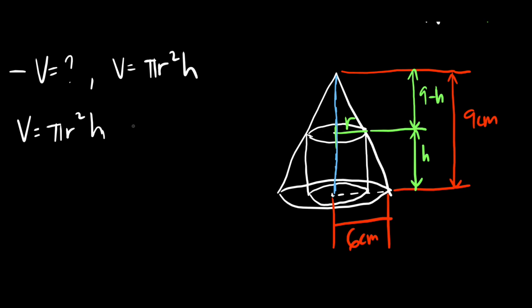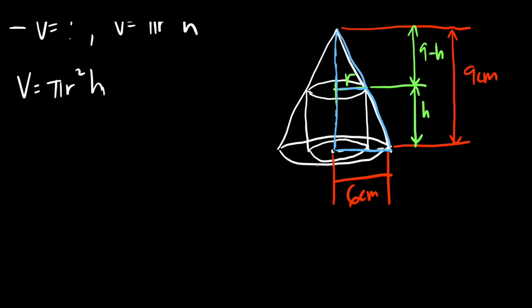We cannot differentiate it because r and h are different variables. So we'll now find a way to relate these two. By relating these two, we see that there is a triangle formed by the cone. So by similar triangles, we'll solve that one.